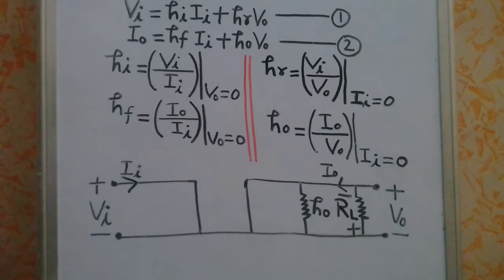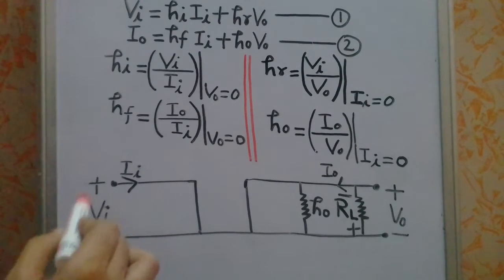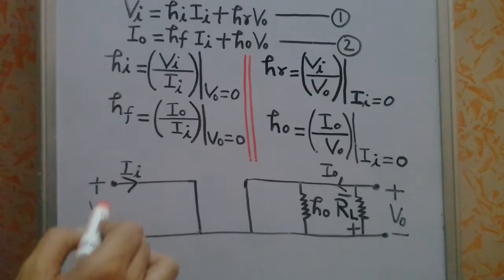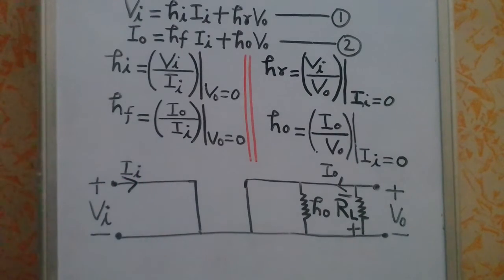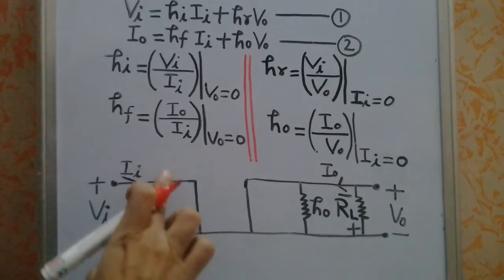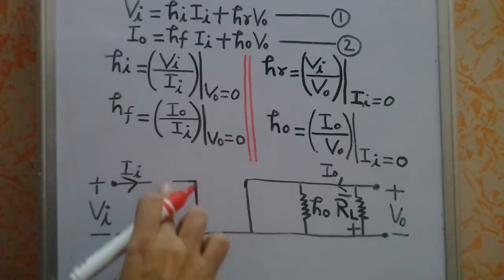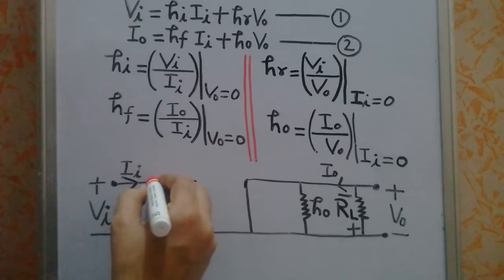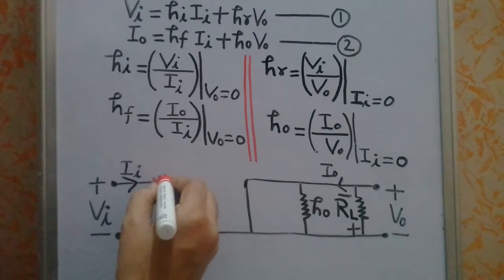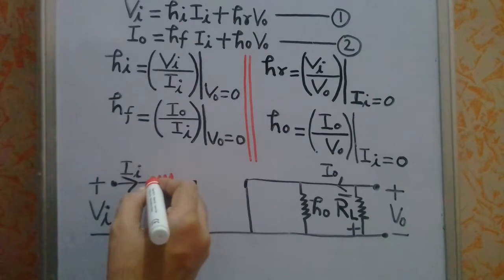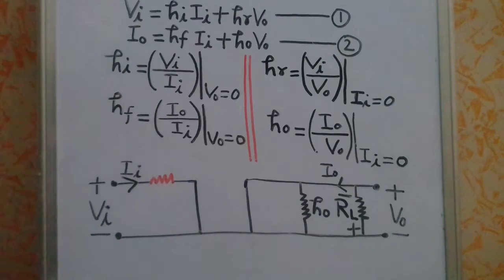So you have to represent this in the h parameter model. So here, just have a look at it. This Vi is the input voltage and this Ii is the input current. So now here, since hi is an impedance, impedance means you will have to draw it like this, an impedance in series, right?